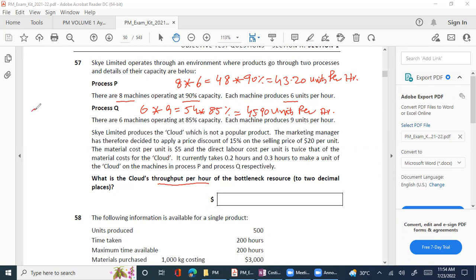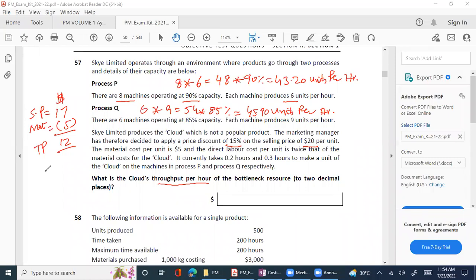Now the sale price is 20 originally, but 15% is the discount. So what is 85% of 20? The price we will be charging for this. $17 will be the price. And the material cost is $5. It means throughput per unit is 12.